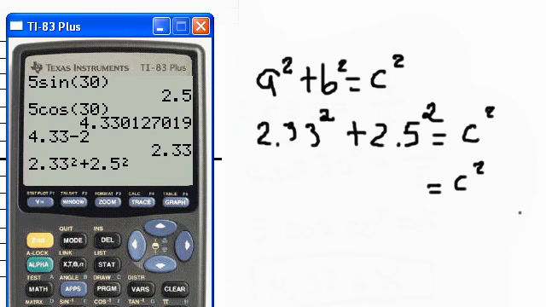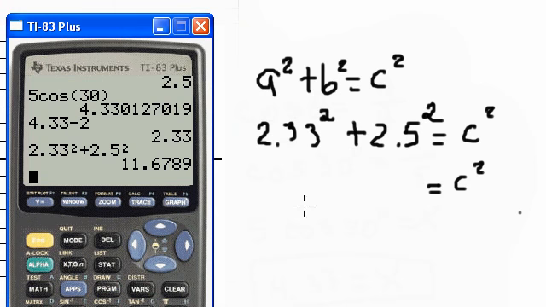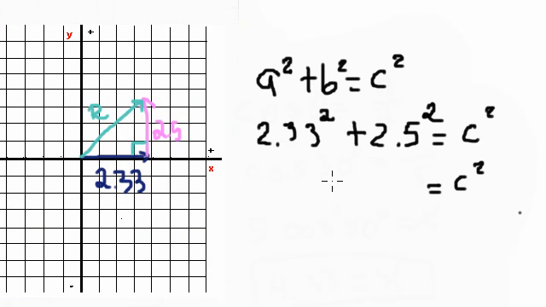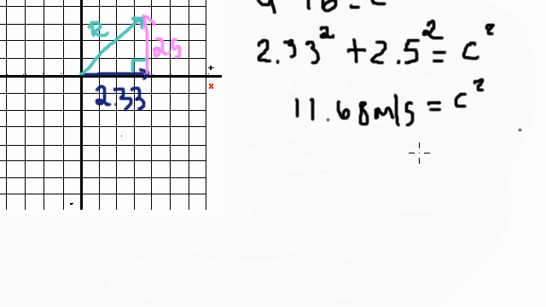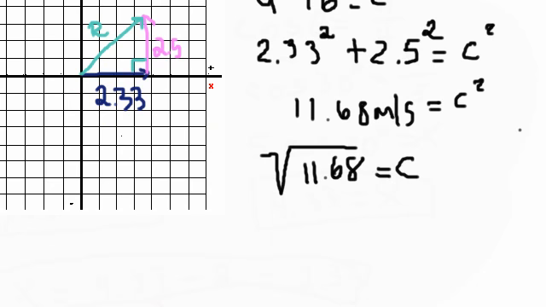That's 11.67. I'm going to round to 11.68. And to find c, you need to take the square root of that. So the square root of 11.68 meters per second is equal to c.